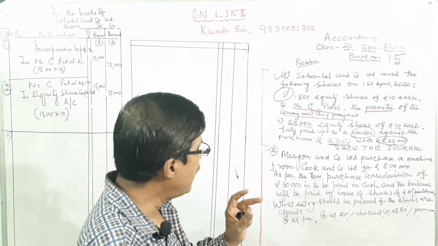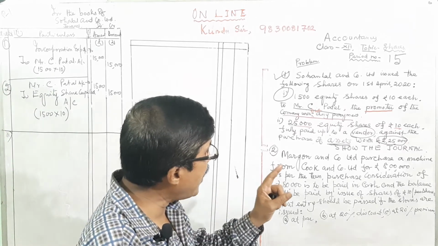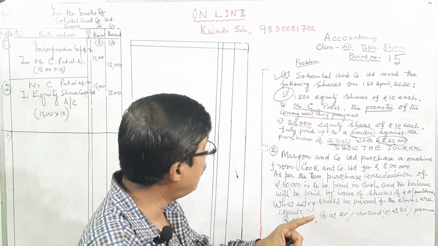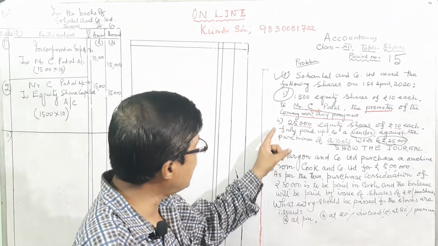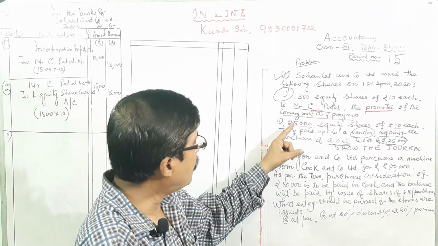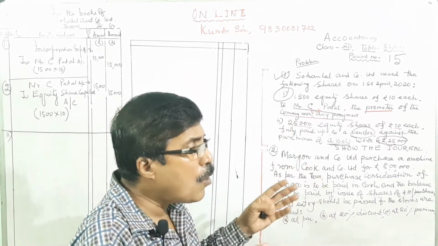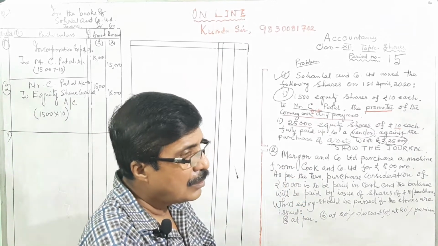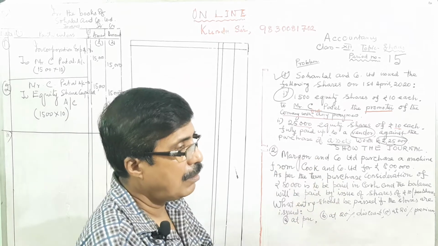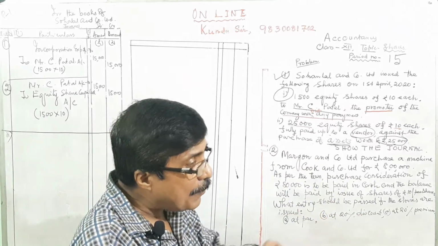That means the purchase is rupees 2,25,000, but the shares given are 2,50,000. When you are giving more to anyone, it is against goodwill, and when you are giving less, that is capital reserve.